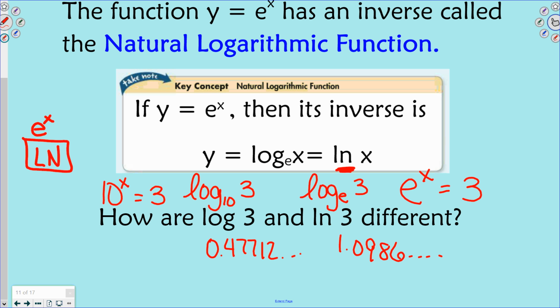Do we see the difference between the two buttons? If I just hit log, it's saying 10 to what power equals 3. If I hit natural log, that's log base e. It's answering e to what power equals 3. So that's why it's different. It's using a different base for your log feature. Does that make sense? Okay? They are different.